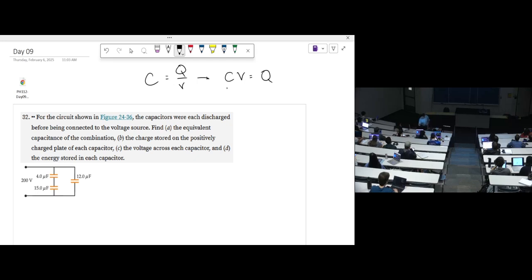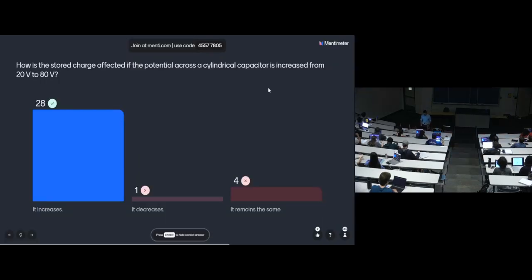So if C is constant, but V increases, that's going to correspond also to an increase in the charge stored on the capacitor. So increase the voltage, increase the charge. Basic rule of thumb on any given capacitor.